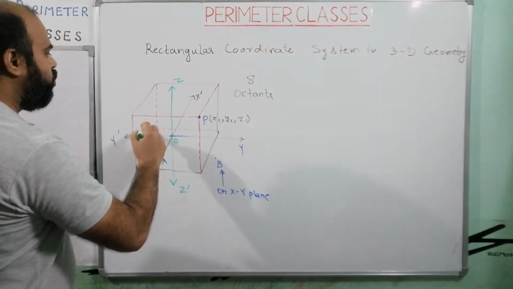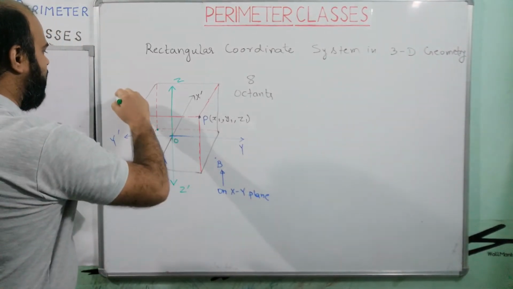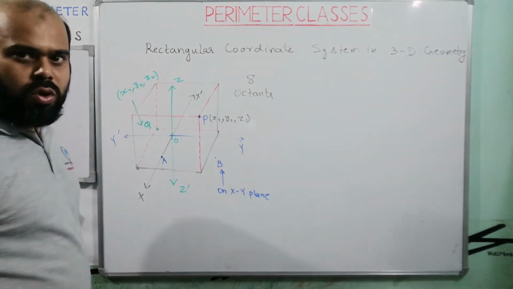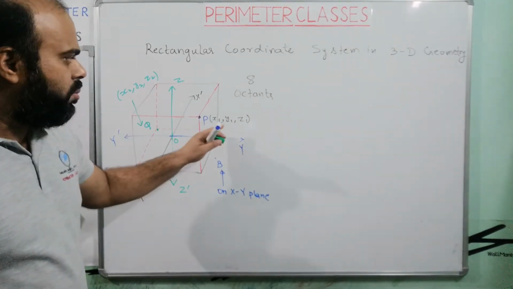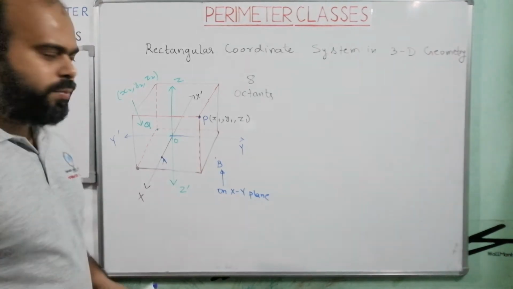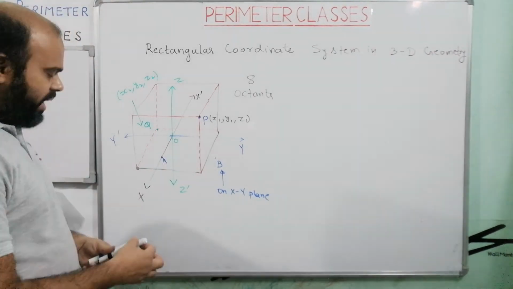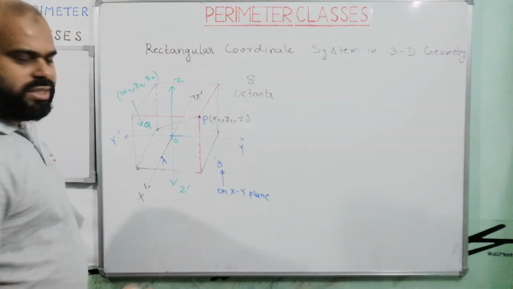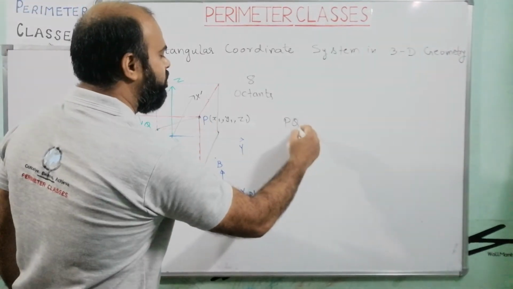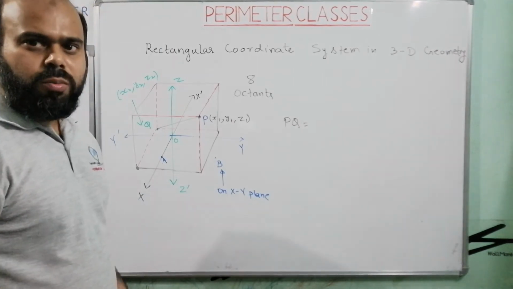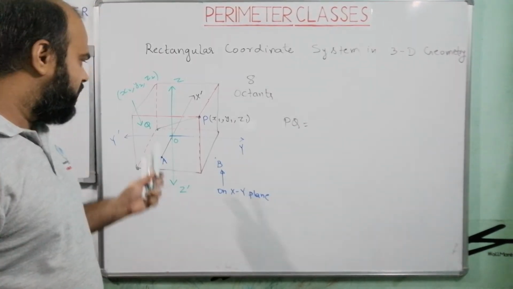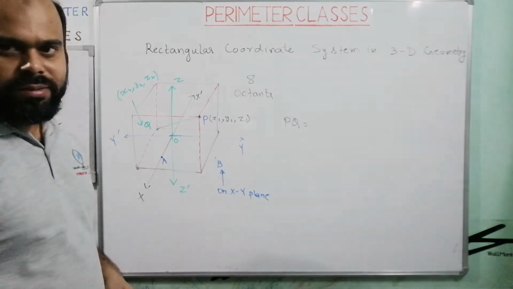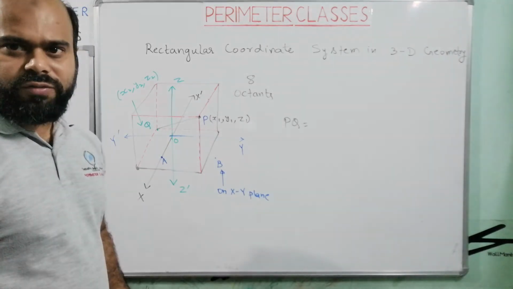So in this Q, you have x2, y2, z2, all of which are different from the coordinates of P. Now if I want to find the distance between P and Q, we know that in a cuboid, PQ is the length of a diagonal, and this is the longest diagonal of the cuboid.